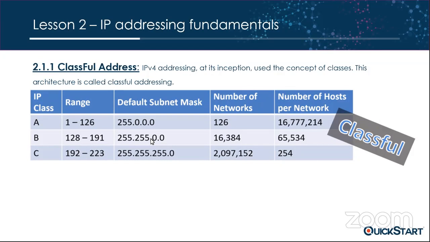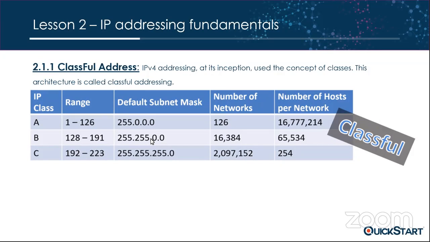B class has 128 till 191, and C class has 192 till 223. We also have D and E for the remaining part of the IP range. D is used for multicasting, and E is reserved for military purposes, right?